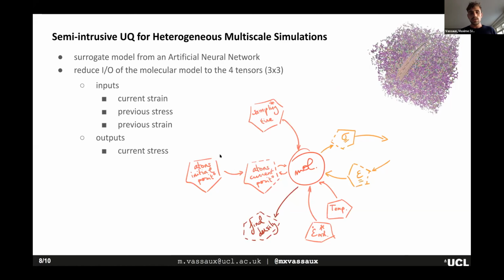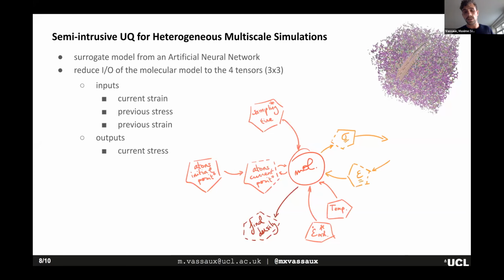This is mostly due to the fact that among the input parameters of a molecular dynamics simulation, you have the position of all the atoms in the sample, and in the current case we have something like 40,000 atoms in a simulation, and so their coordinates are high dimensional.